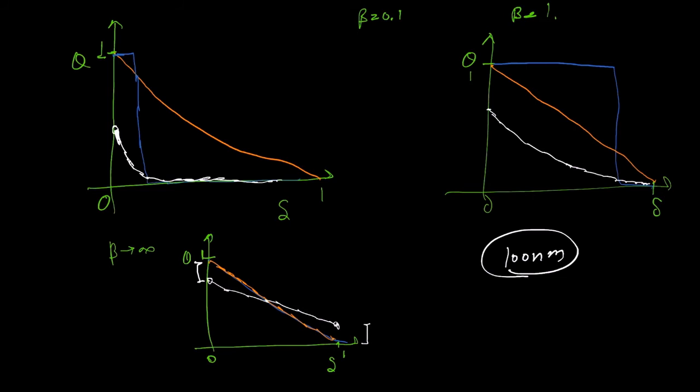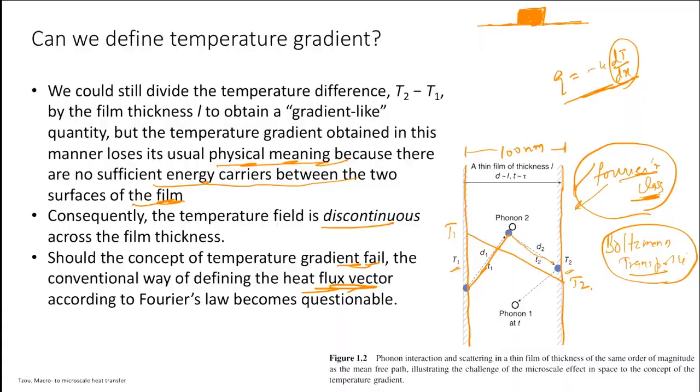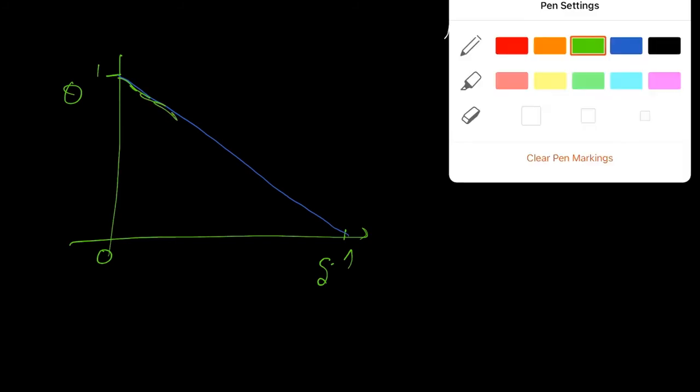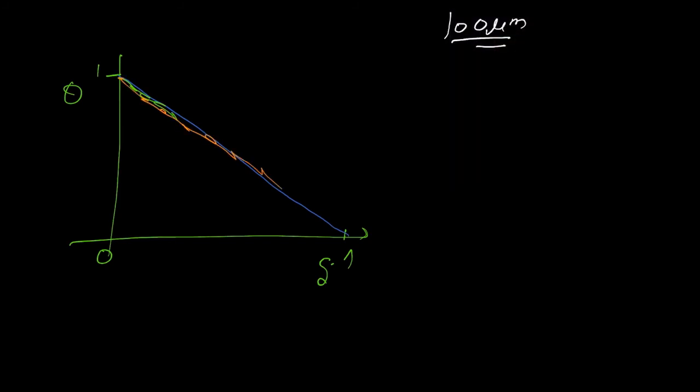So if we take a thick film, let's say the film is really, really thick, more like 100 micrometer or so, what would happen in that case is, if we look at delta theta, the thermal wave equation and the diffusion equation both overlap.